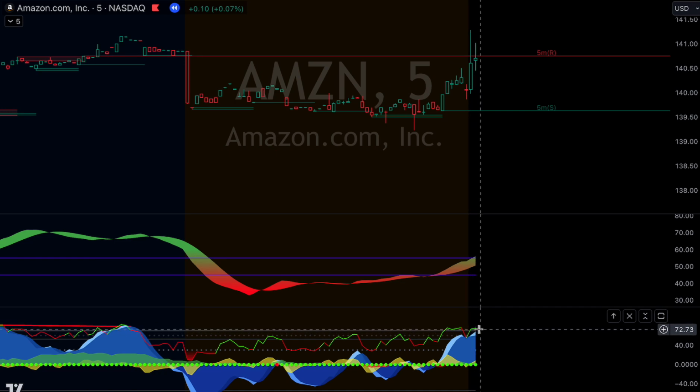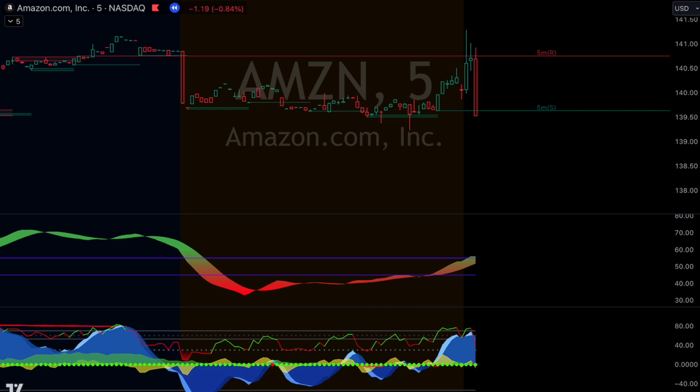Our RSI is starting to flatten out. And our next candle is a big red candle that got rejected off of our resistance here. However, it did bounce off of support.